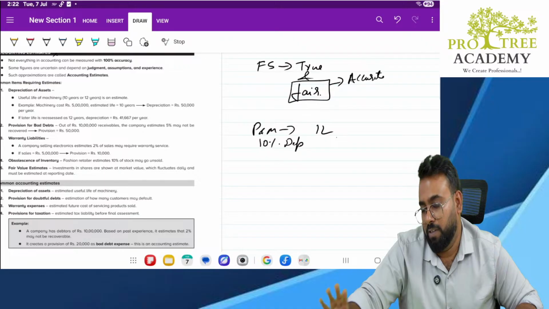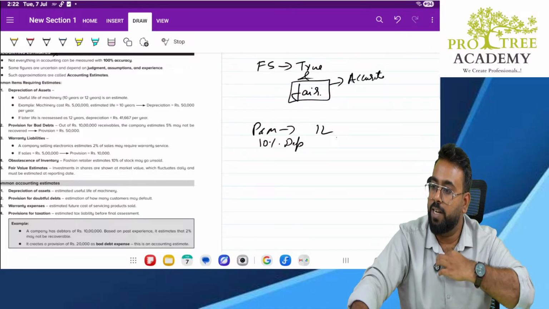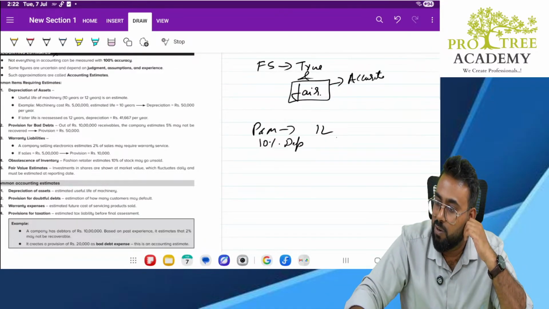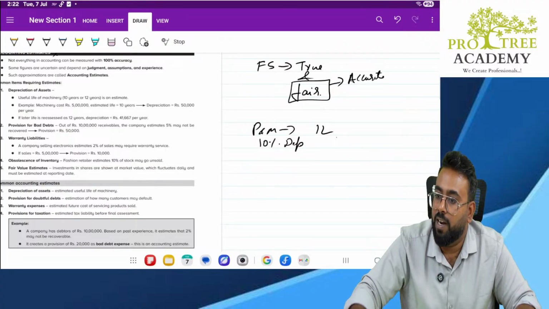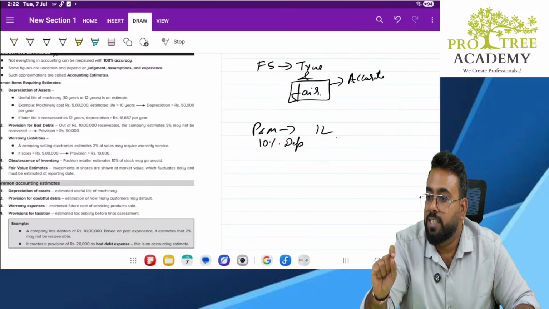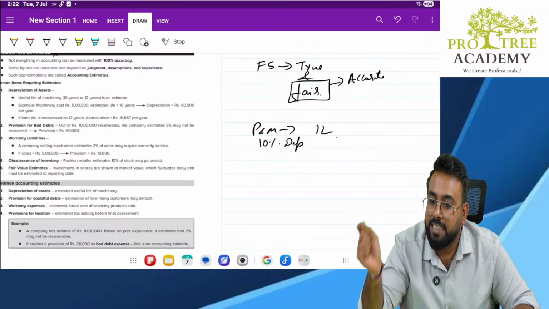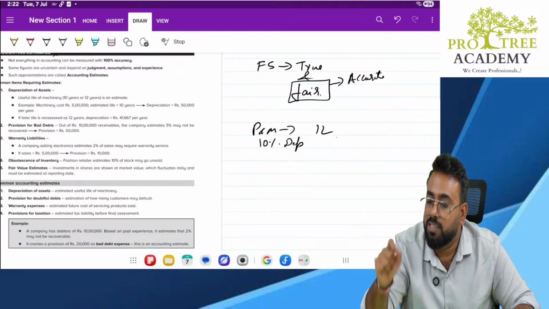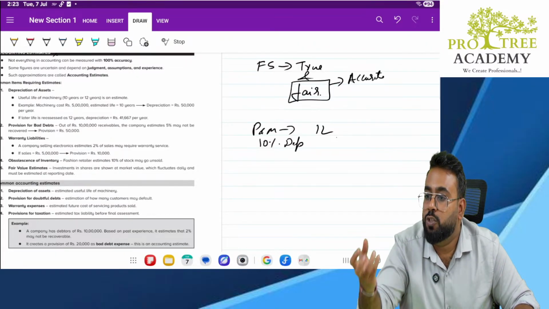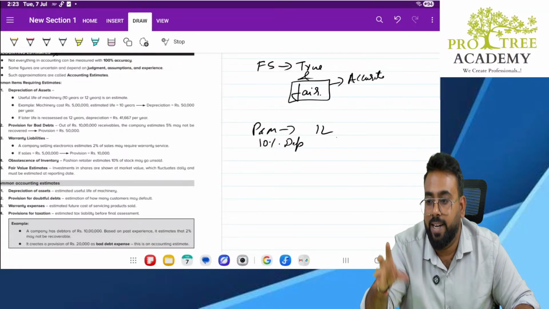No. You are estimating 10%, but that 10% might not be accurate. That is why, if you remember correctly, I always told you financial statements can never be accurate, because certain transactions or valuations involve things where we cannot capture the actual data.